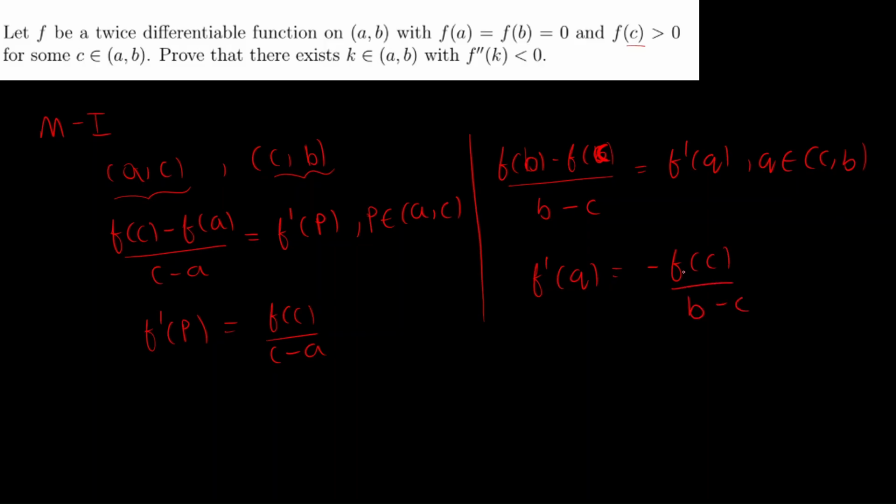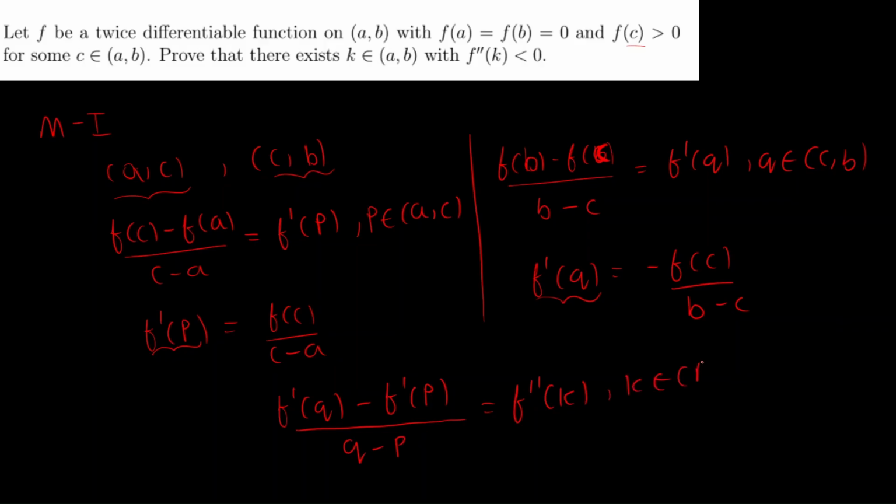Now since f is a twice differentiable function, I'll again apply LMVT on the interval p to q using this information. I get (f'(q) - f'(p)) / (q - p) is equal to f''(k). K belongs from p to q.